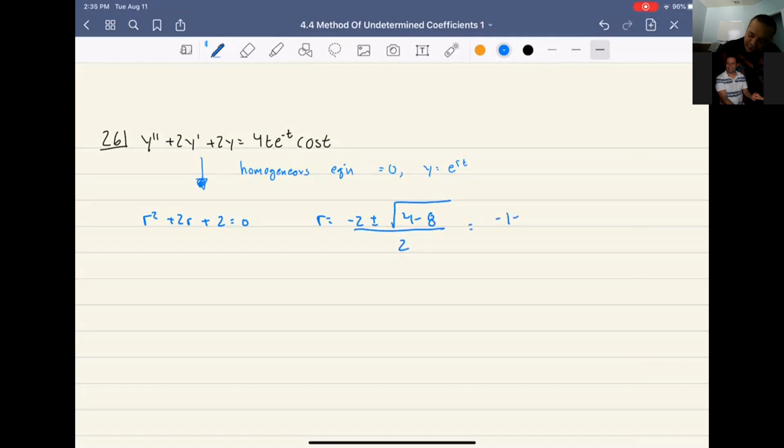So it's -1 plus or minus i. Okay, so our homogeneous solution is y0 of t equaling e to the -t (c1 cosine t plus c2 sine t).